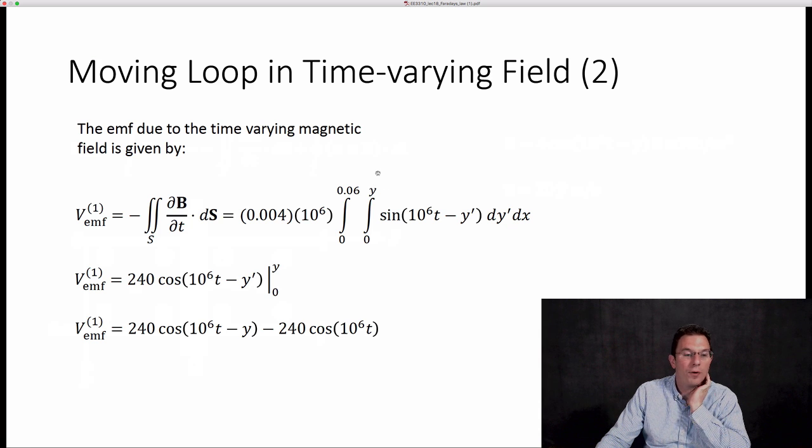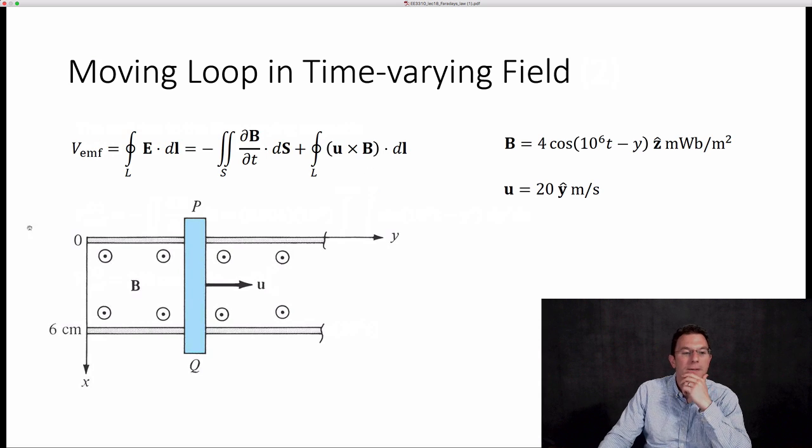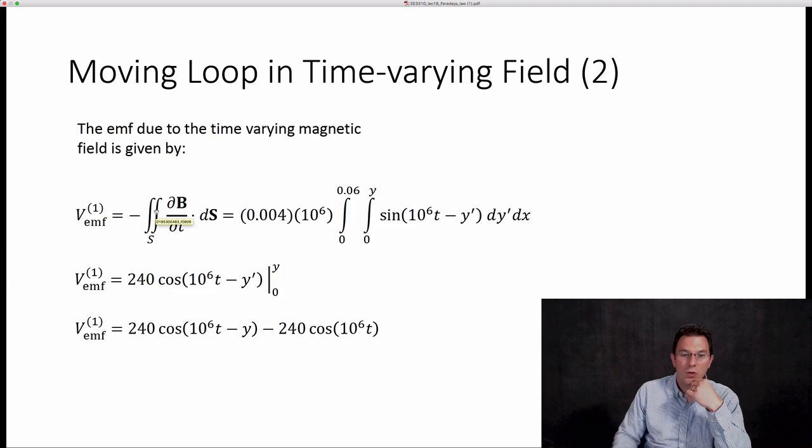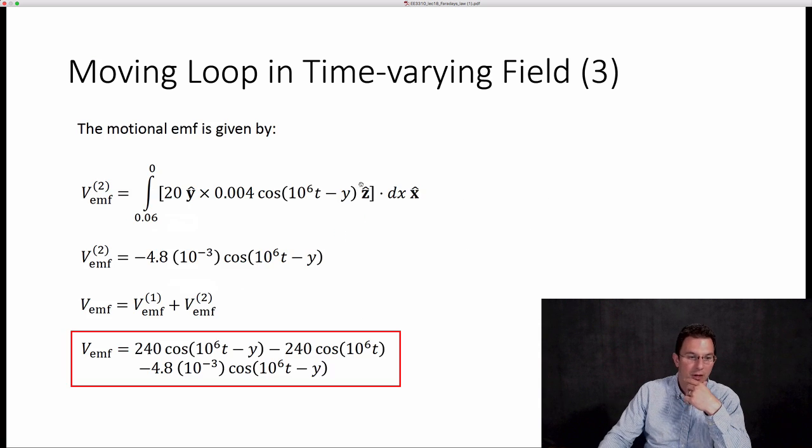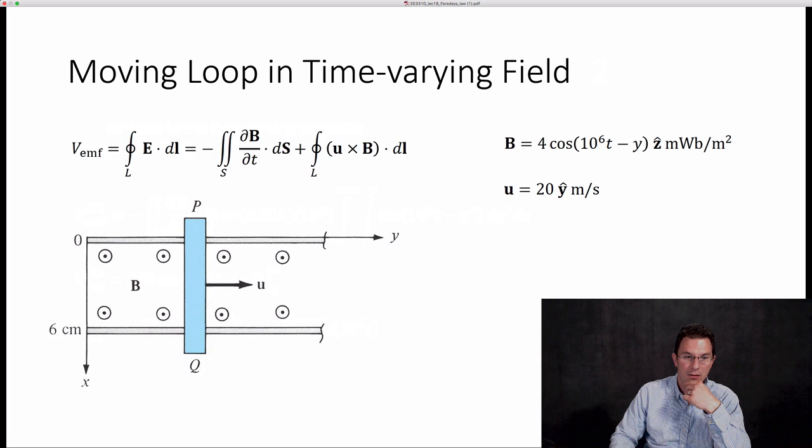And we further have to integrate that over the area of the loop. Well, the area of the loop is changing with time, right? Because this side is sliding, this area right here is changing with time. So what we have to do in order to deal with that is integrate the x coordinate from 0 to 6 centimeters, because this side is 6 centimeters long.